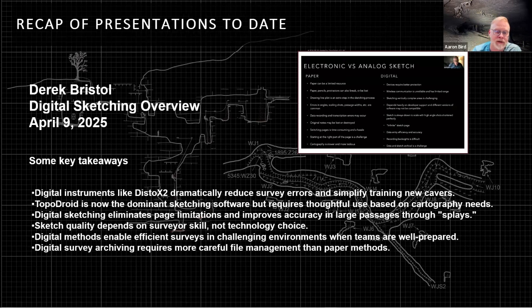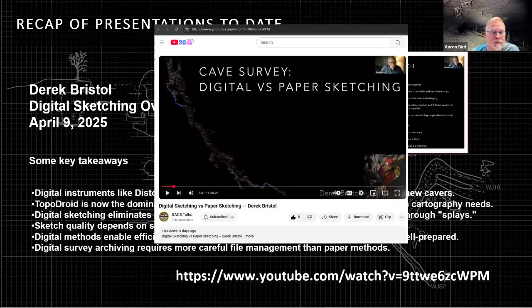Echoing Bert, Derek said that sketch quality depends on skill, not on the device or the paper and the pencil, and that digital can result in much more efficient surveys, especially in challenging environments. And so just like Bert's presentation, Derek's is also on the SACS YouTube page, and you can head over there and give it a watch or share it with others.